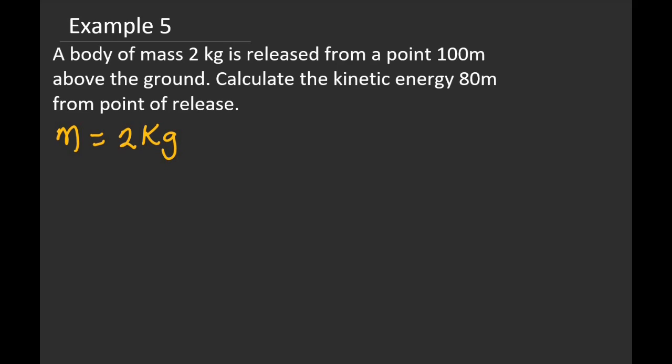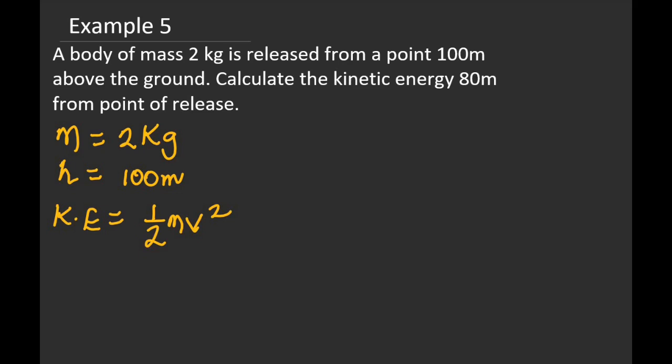The height from which the body is released, h, has been given as 100 meters. To find the kinetic energy of the body at 80 meters from the point of release, of course, we need to use the formula for kinetic energy, which is 1 over 2 mv squared.